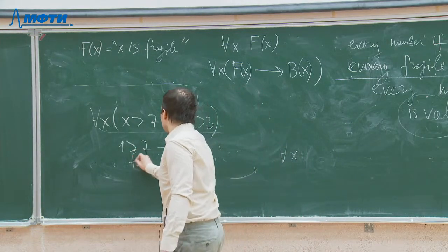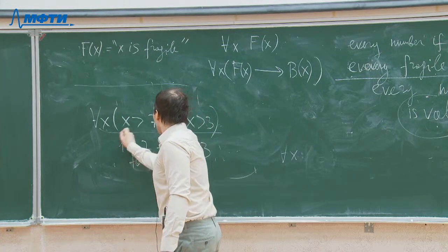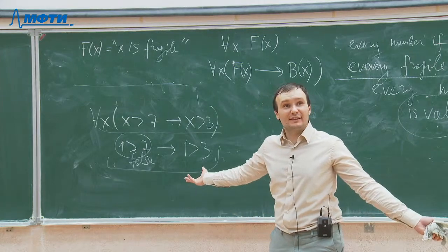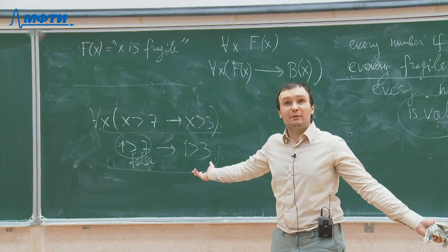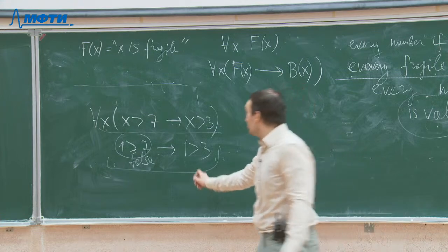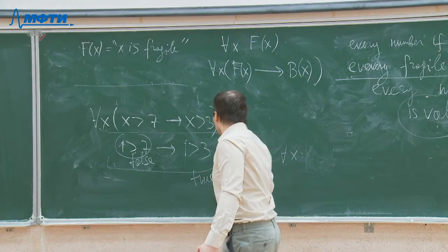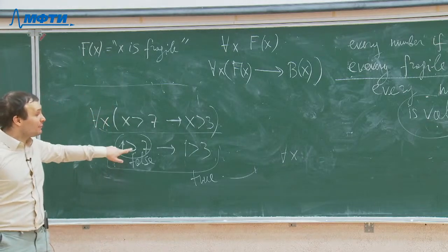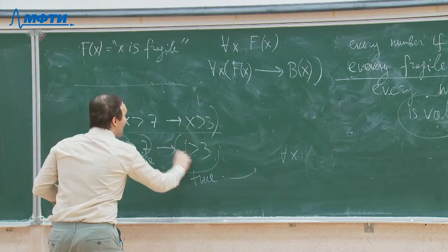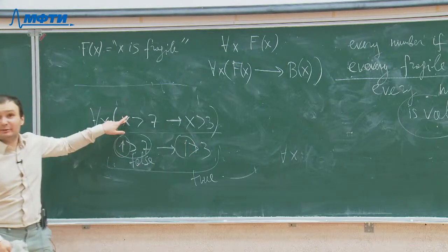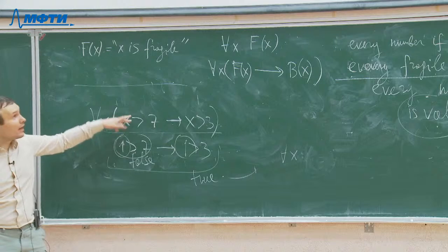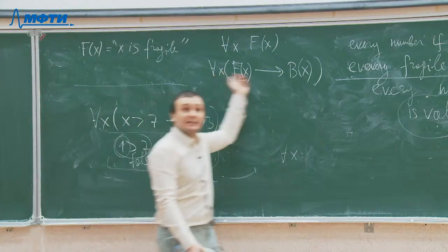So that's false. And from the false assumption, it follows anything. So this implication is true, of course. And our quantifier means that this would be true for whatever number one can substitute for x. Is it clear? And here we have something like that.